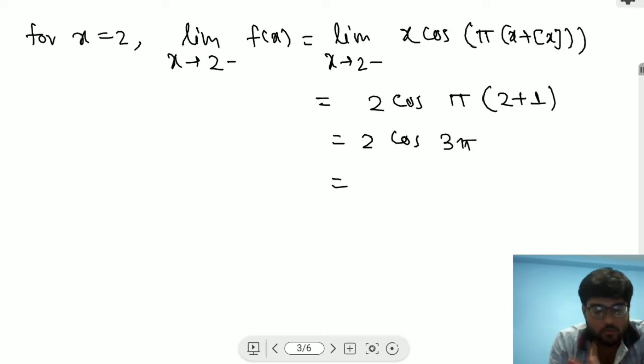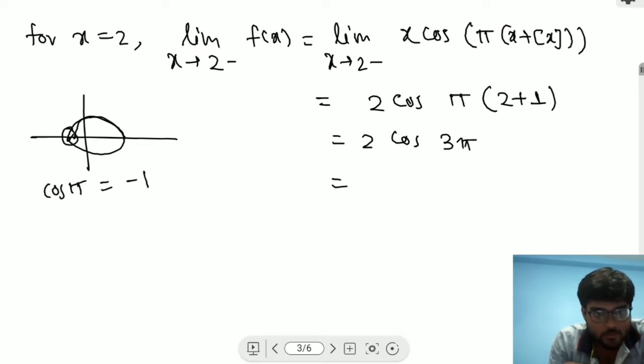So 3 pi is pi, and cos pi value is -1, so this is 2 into minus 1, so this is minus 2.